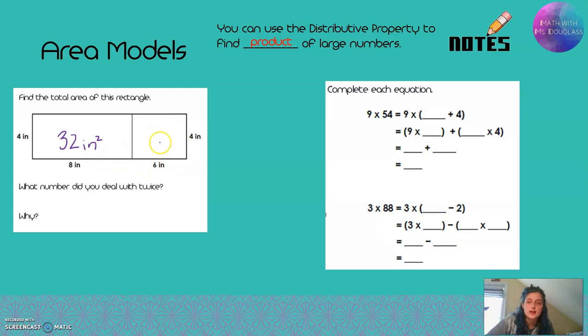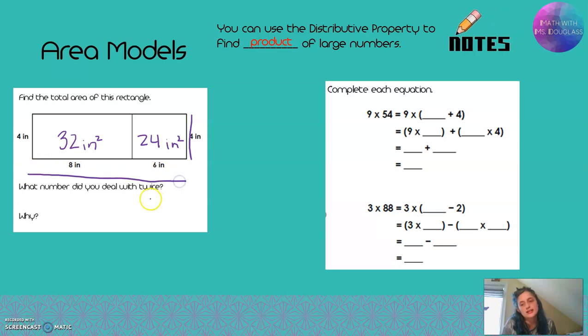And over here we have a smaller rectangle that's 6 by 4. 6 times 4 is 24 inches squared. We say squared because this is area, and inches times inches is inches with an exponent of 2. We'll talk a lot more about that in geometry. We dealt with that 4 twice because it's the height of the whole thing. But we could also have said, this is the height of the whole thing, and this is the length of the whole thing.